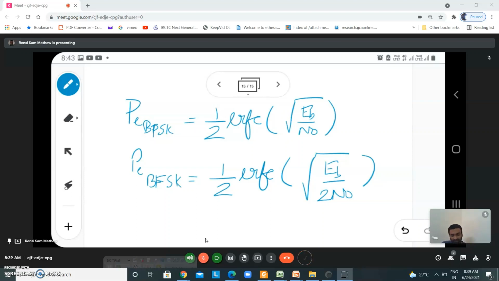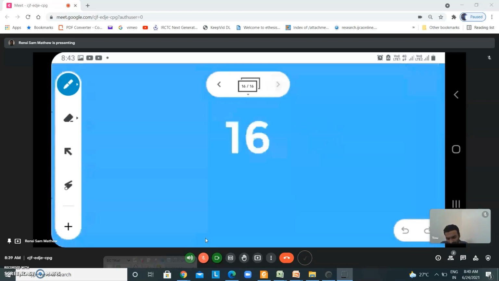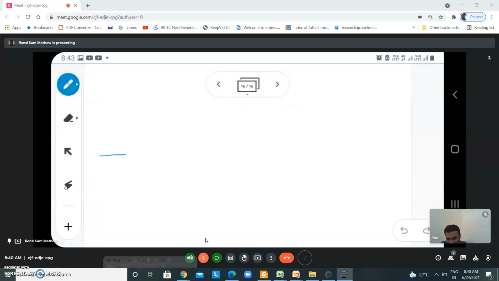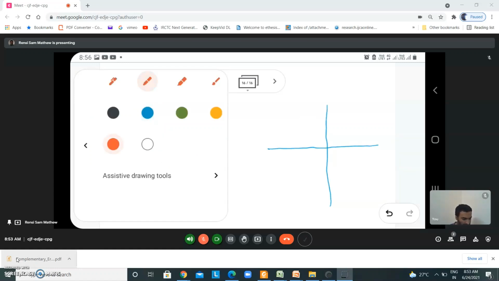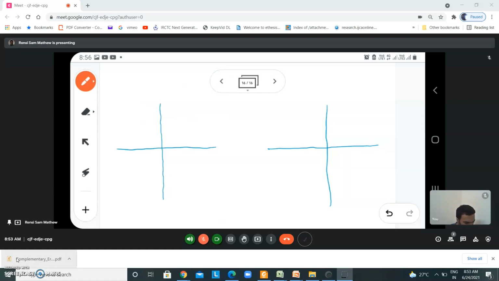And why is it so? You can compare in terms of the constellation diagram also. We draw the constellation diagram for BFSK and BPSK. This is for BFSK and this is for BPSK.